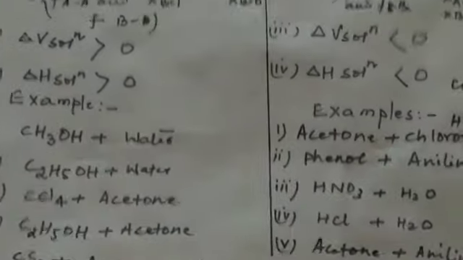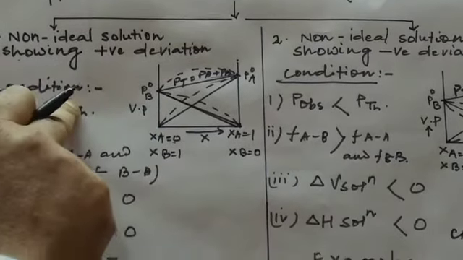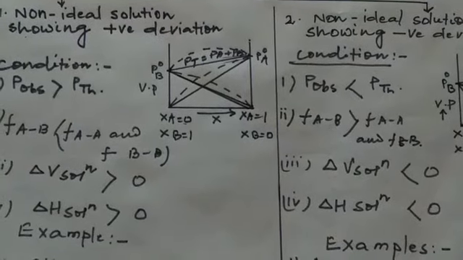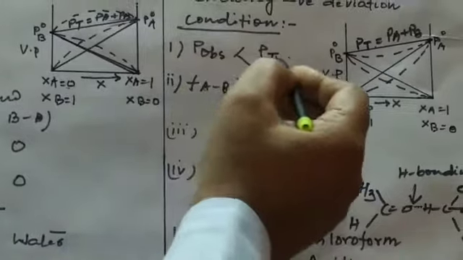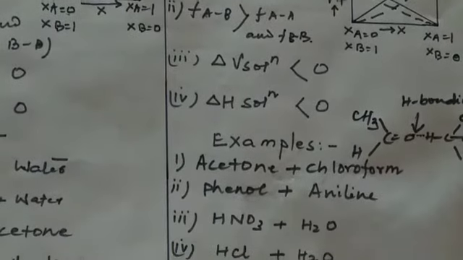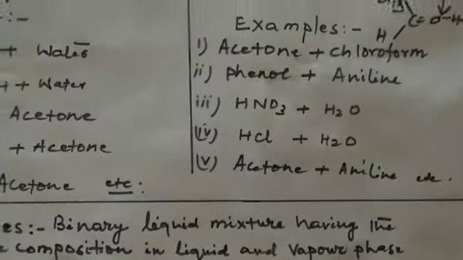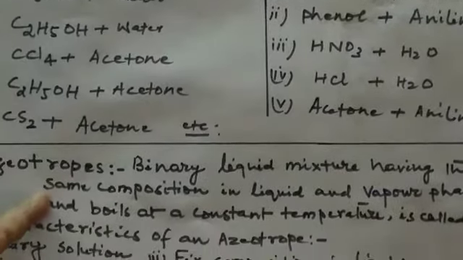For positive deviation, P observed vapor pressure should be greater than the theoretical vapor pressure. And for a non-ideal solution showing negative deviation, P observed should be less than P theoretical. Now there is a very important topic based on these two, that is called azeotropes, or azeotropic mixture, or constant boiling liquid mixture.